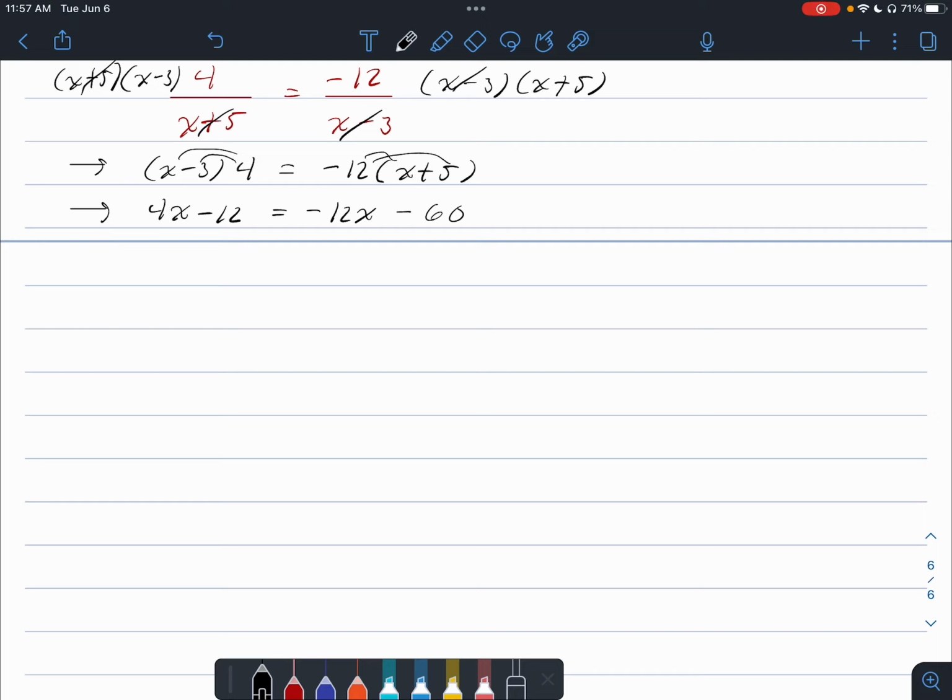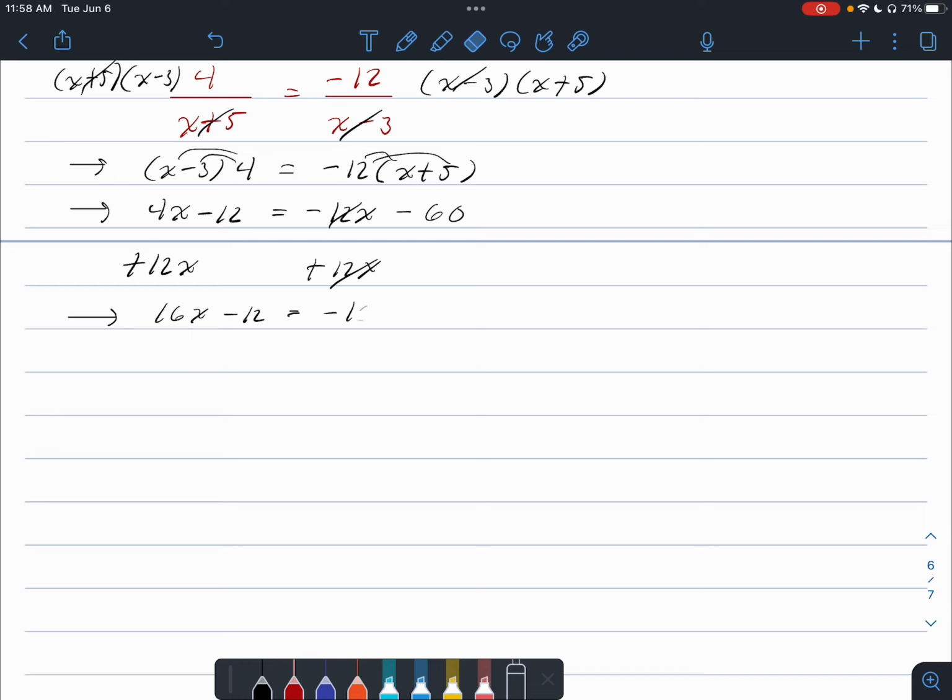Okay, so let's go ahead and bring this negative 12x over. So we will have 4x plus 12x, that's 16x minus 12 is equal to negative 60. Okay?